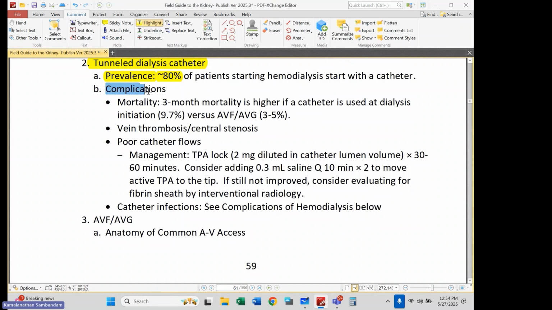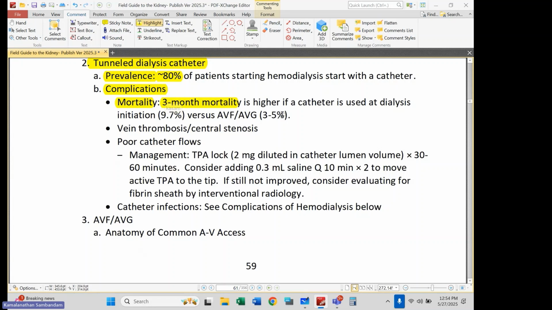Moving to the ESRD context where we're dealing with tunnel dialysis catheters, we know that there is a higher mortality rate for these patients who are starting dialysis with a catheter.